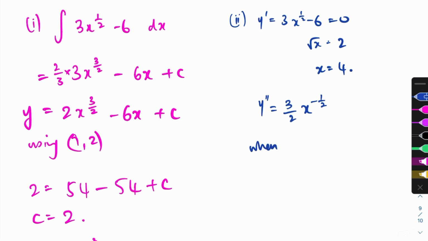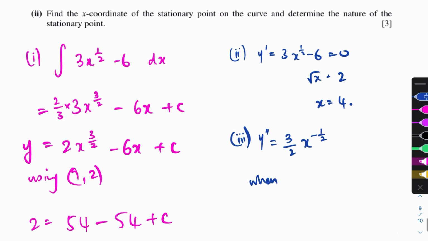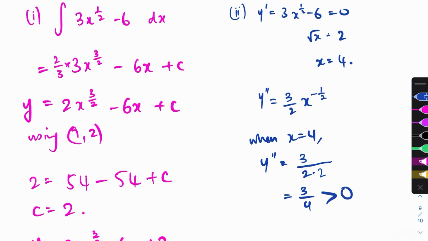Now when, oh, this is part 3, I was about to say. Oh no, it's not, it's just part 2. When x is equal to 4, y double dash equals 3 over 2 root 4, which is just 2, which is equal to 3 over 4, which is greater than 0.